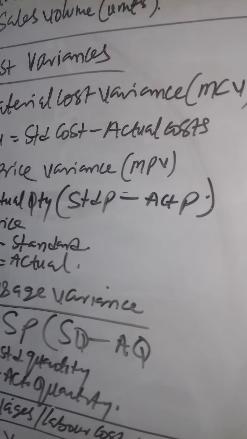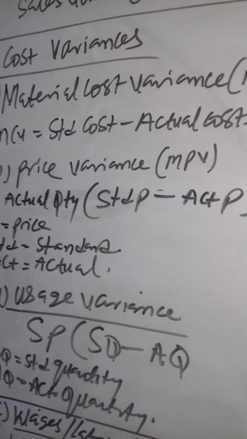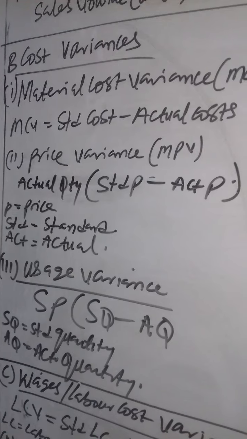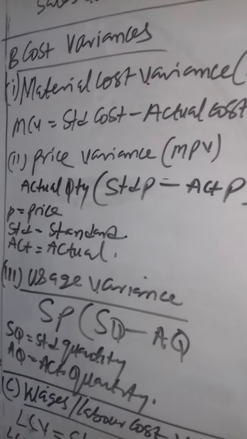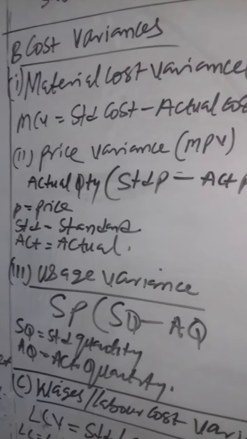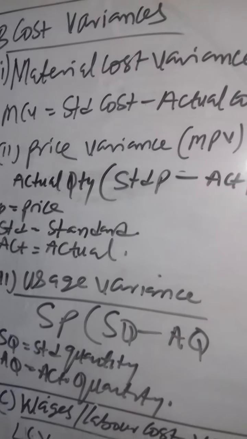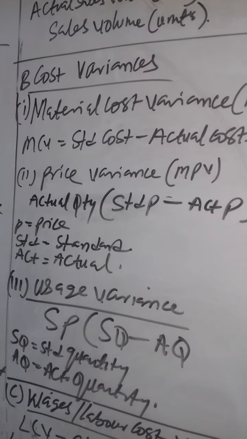Every time there is price changes, there will be variance. So price variance simply means actual quantity multiplied by the difference between the standard price and the actual price. And that is how to calculate material price variance.